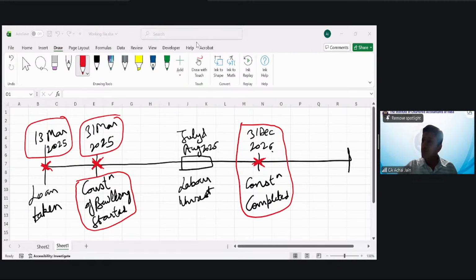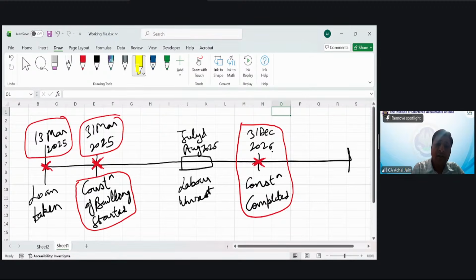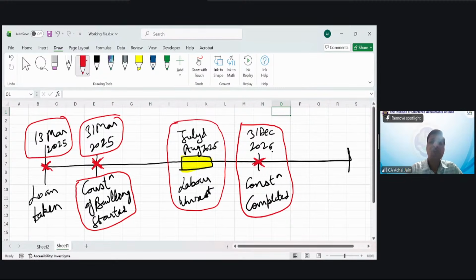Now, we have discussed when to start, when to end. But there is one more small point which is important. See, if you look at this 2 months period, the construction work was suspended. Why? Because there was a strike of labor. Now, can we say that this suspension has taken place due to something which is abnormal?